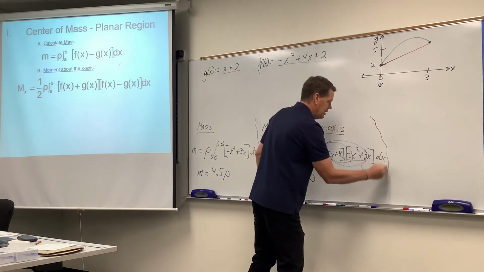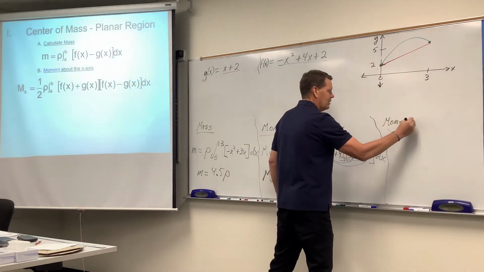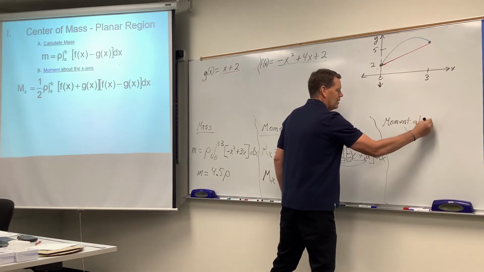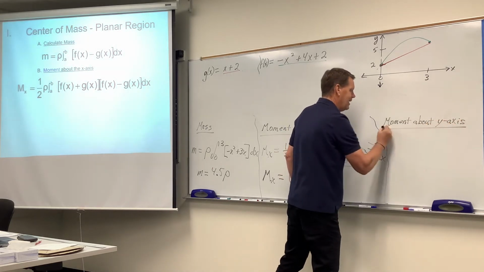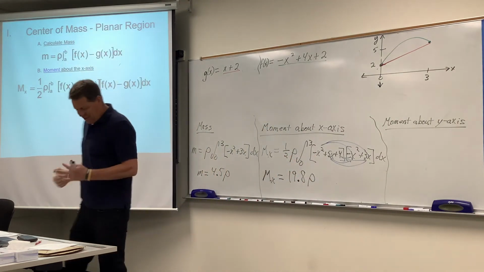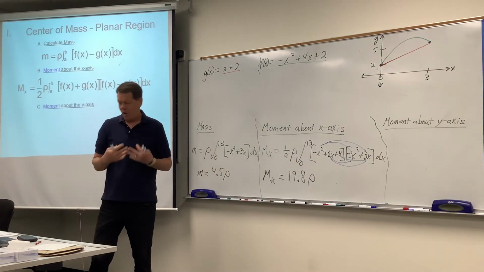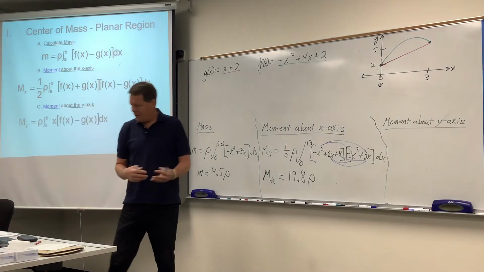Next idea. Moment about the y-axis. And again, I think this is staying in the frame. I sure hope so. This is all cookbook. I know I keep saying it. Smart math people figured these things out for us. If you want to get deeper into it, you can read the book.